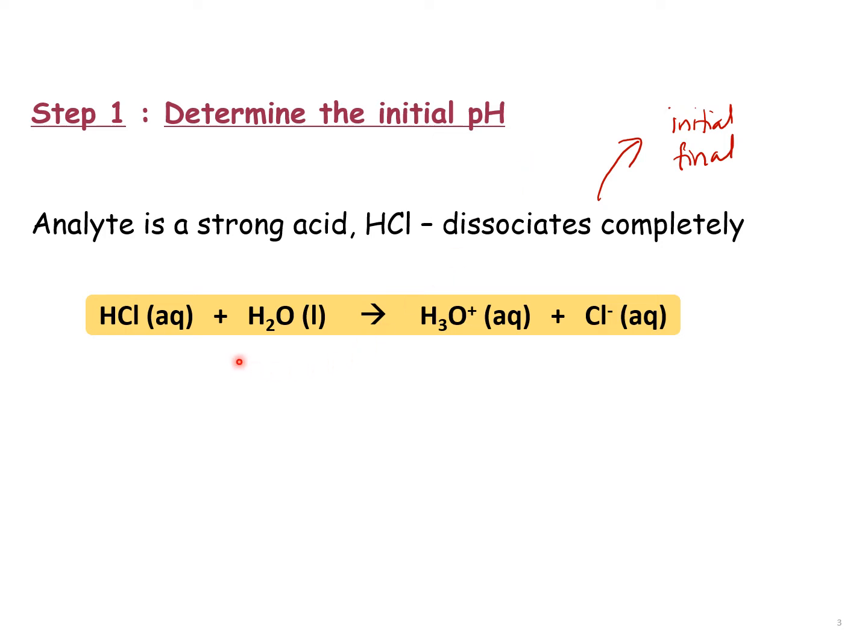You can put H2O or not put H2O, either is fine. If you put H2O in your calculation, you will get H3O+ here. If you do not put H2O, you will get H+. For an acid it does not matter, whether it is a strong acid or a weak acid, it is the same.